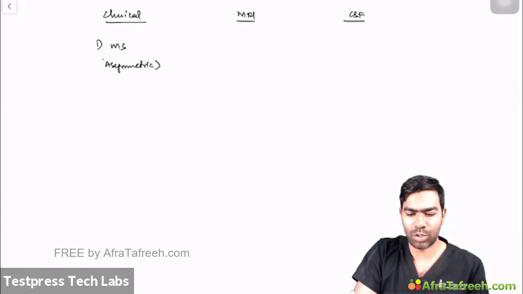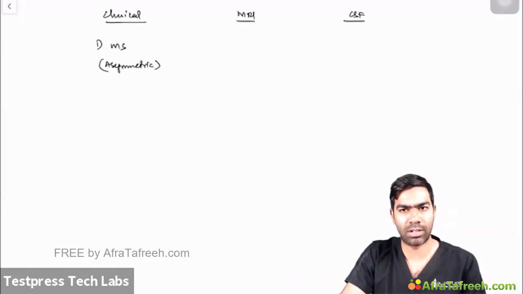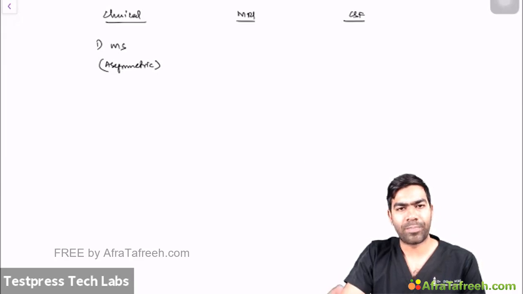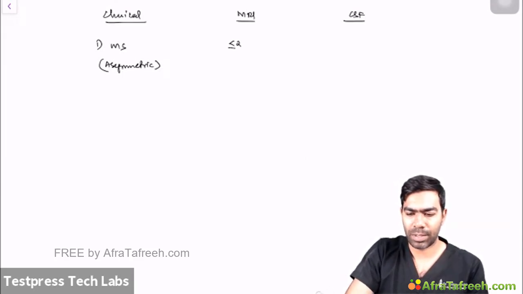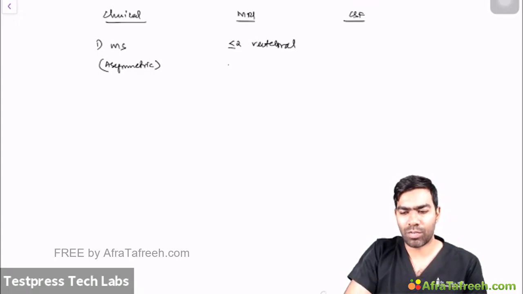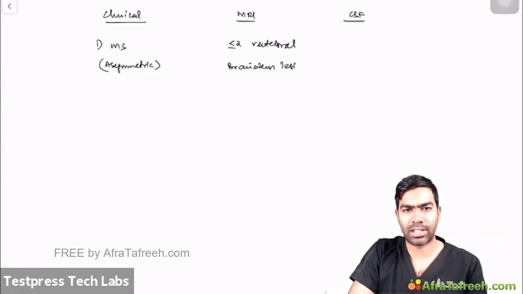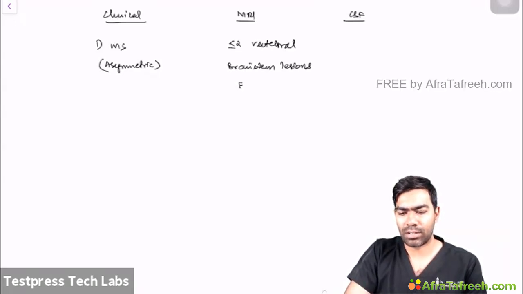The lesion distribution will also be more asymmetric clinically, and MRI will more often involve 2 or fewer vertebral segments only, which means it will be partial. More often you will have brainstem lesions on MRI, which is very classical, and you will have an enhancing lesion as well.